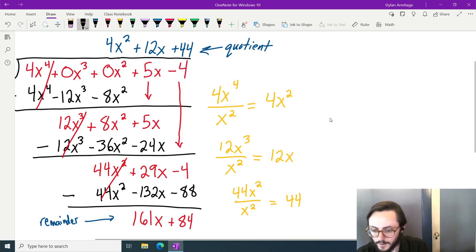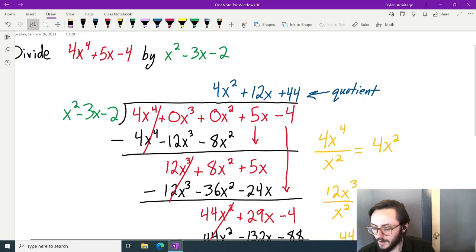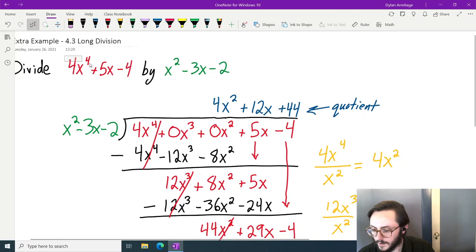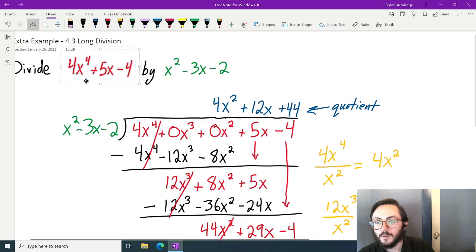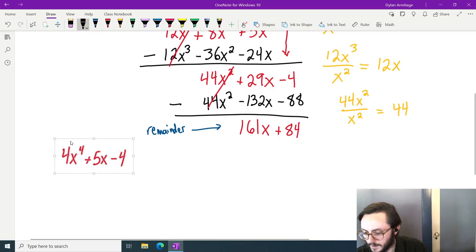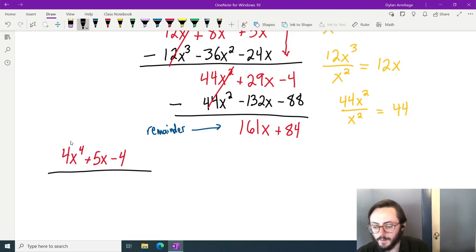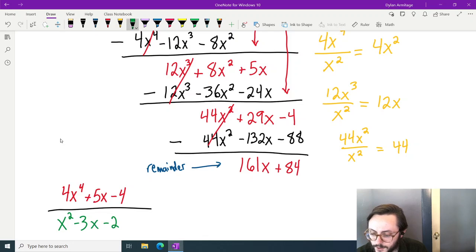We had 4x to the 4th plus 5x minus 4, divided by x squared minus 3x minus 2.